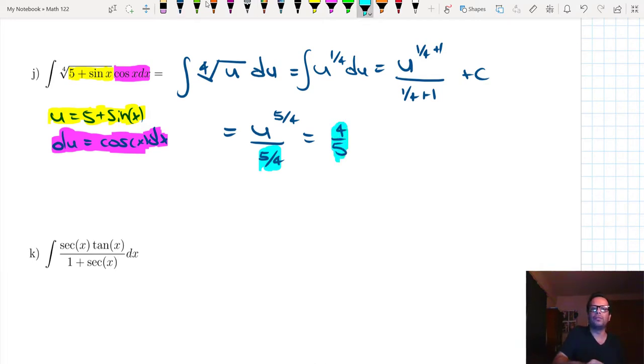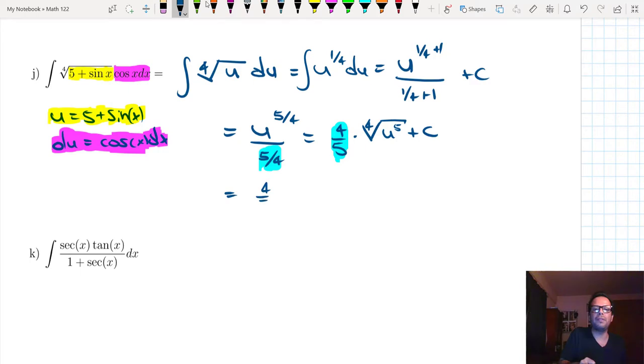Hopefully that doesn't look weird. That's just reciprocals. Times, I'm going to go back to radical notation at the same time. That's going to be the fifth root. Wait a minute, no, not the fifth root, the fourth root of u to the fifth. And now that we have everything back into radical form, let's go back substitute.